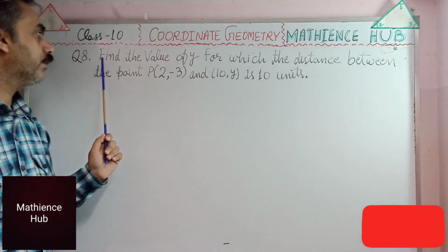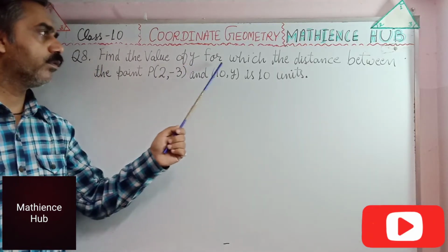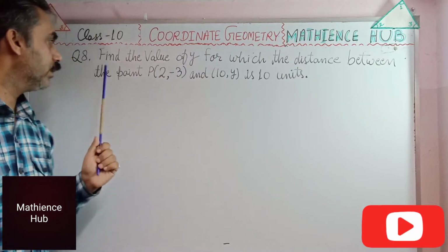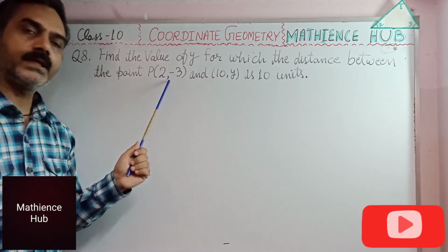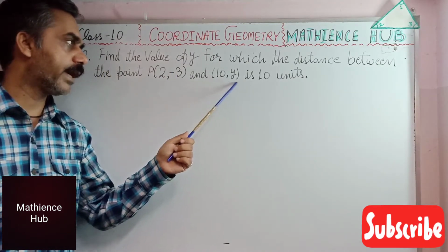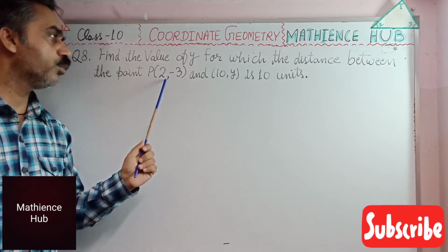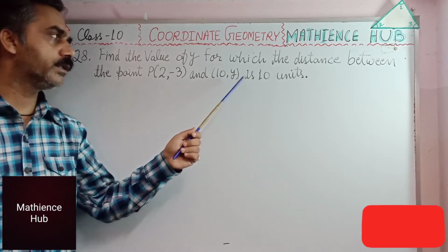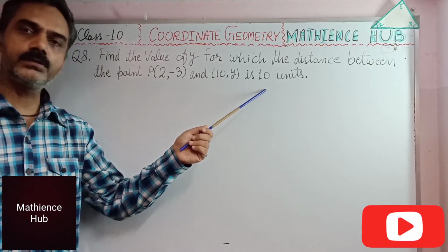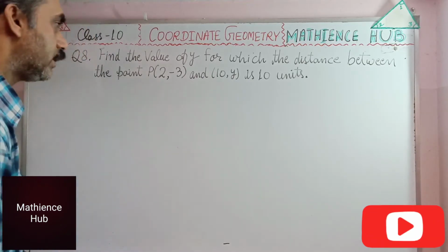Question number 8. Find the values of y for which the distance between the points P(2, -3) and Q(10, y) is 10 units. In this question, two points P and Q are given and the distance between them is 10 units. So here also we use the distance formula.